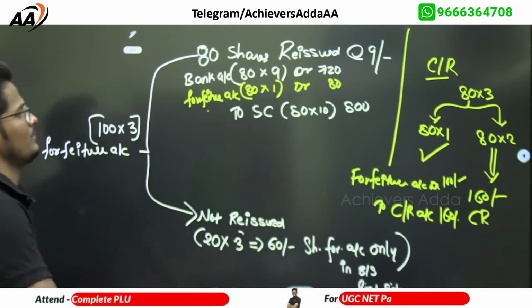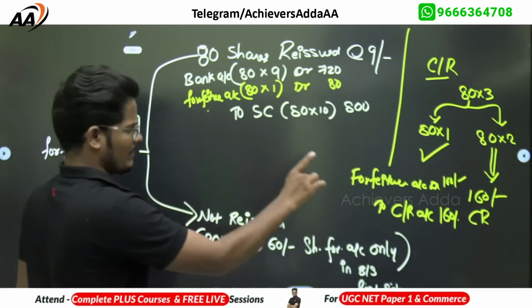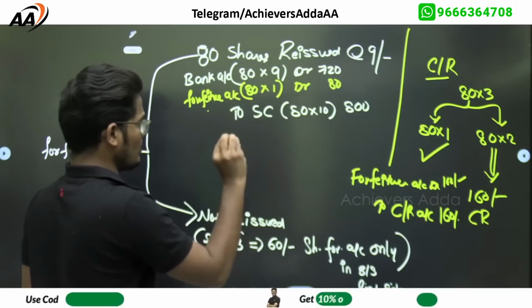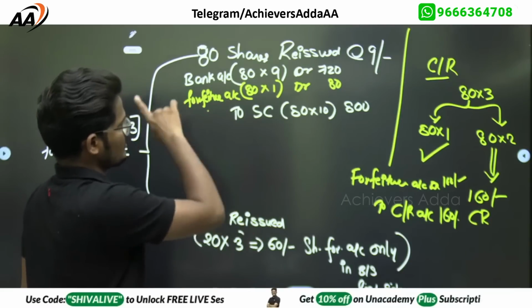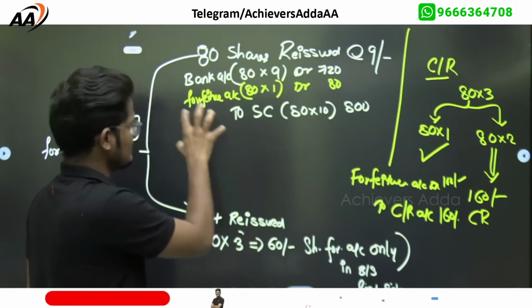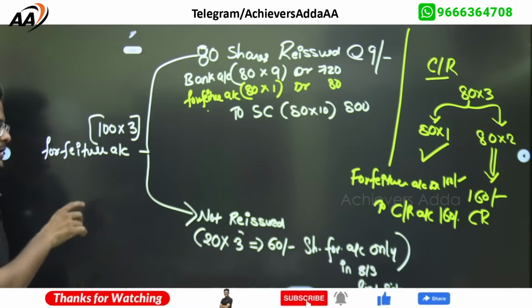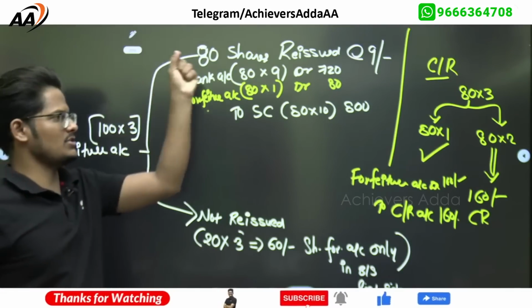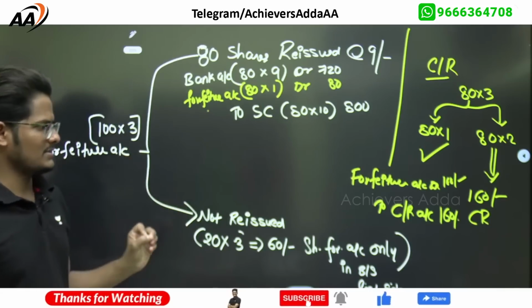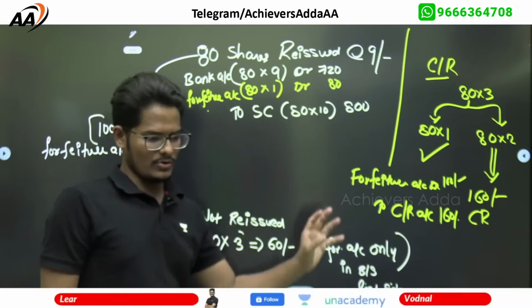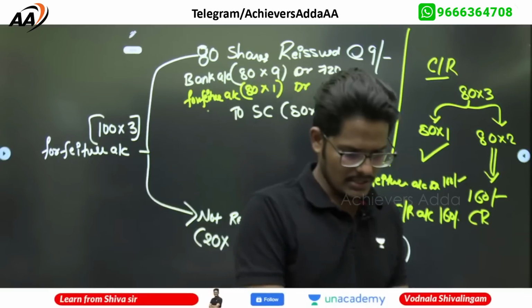Very simple concept. Whenever they ask about capital reserve, think only about the forfeiture account balance of the reissued shares, rather than all the shares which got forfeited. We should consider only the forfeited balance of the reissued number of shares. The remaining balance in that only will be transferred.